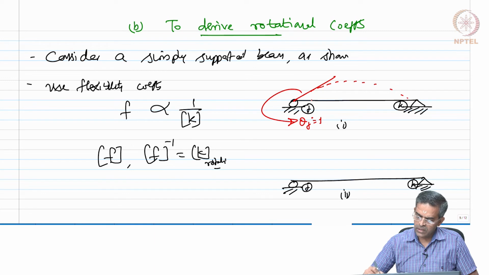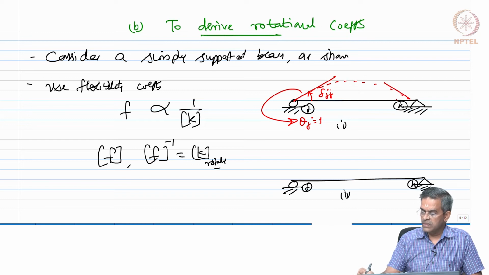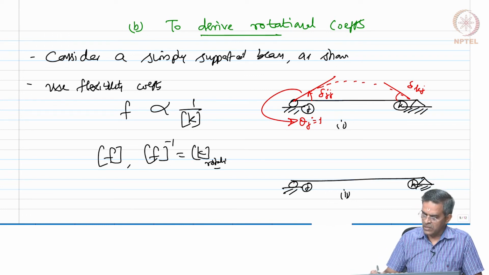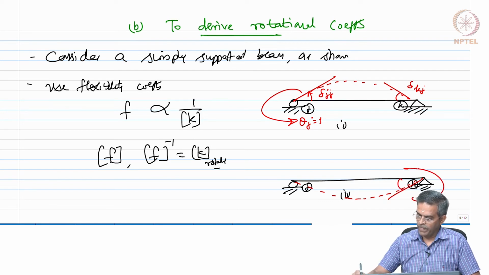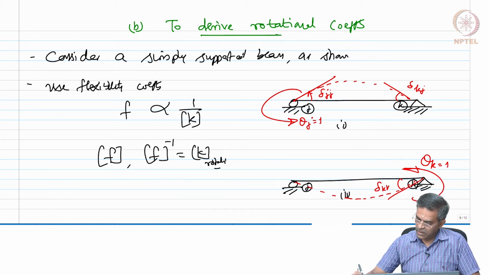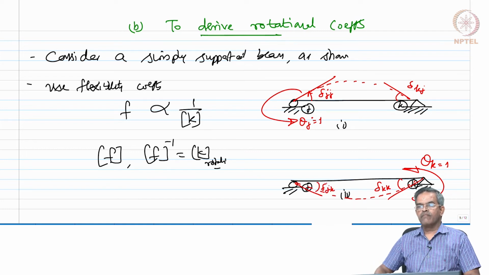So, I draw a tangent to this, I call this as del jj and I call this as del kj, where these are flexibility coefficients. Okay. Similarly, I give unit rotation at the kth end and I call this as del kk and I call this as del jk. Okay?